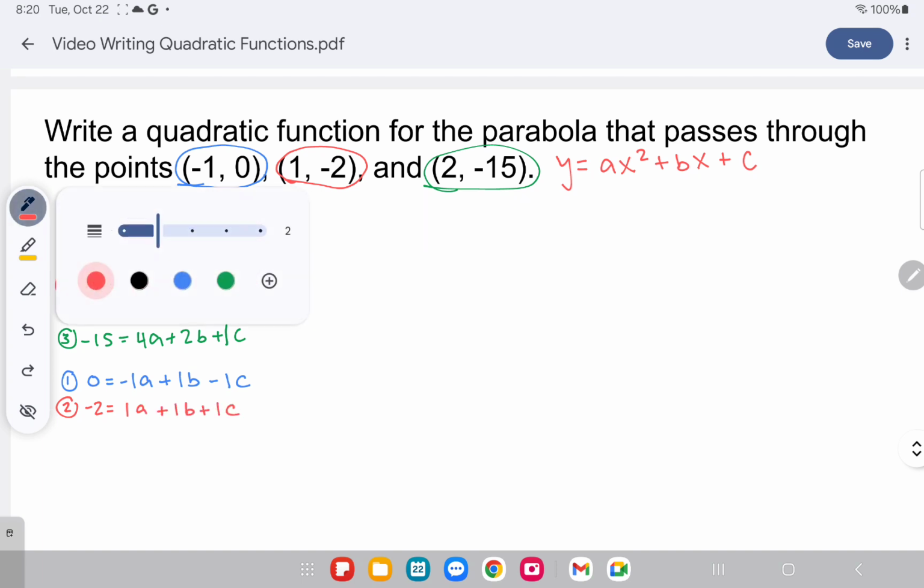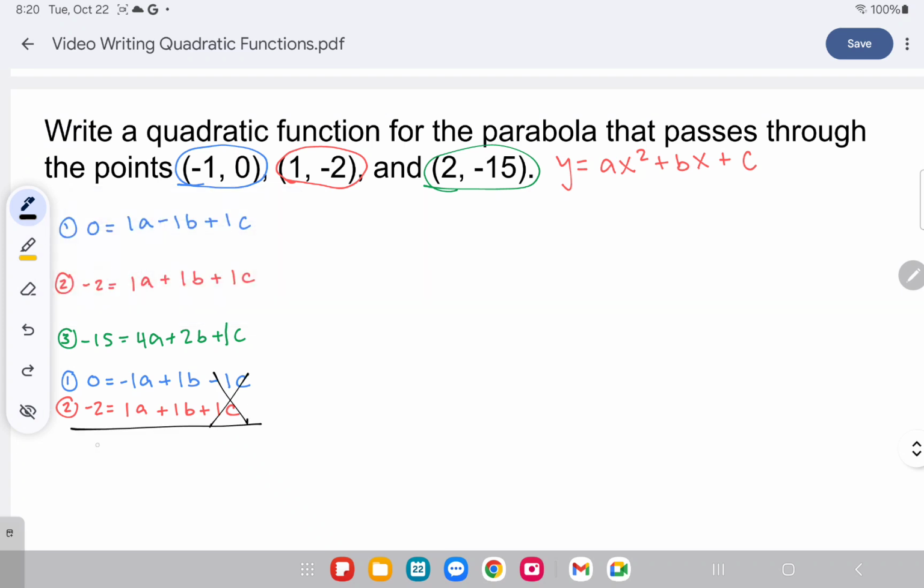And now my C's eliminate. I have a negative 1C and a positive 1C. And I'm going to add up what's left. Oh, my A's cancel out too. That's convenient. And so actually I already know what B is. B is negative 1. We have our first variable. I'm going to keep going as if we didn't know that.